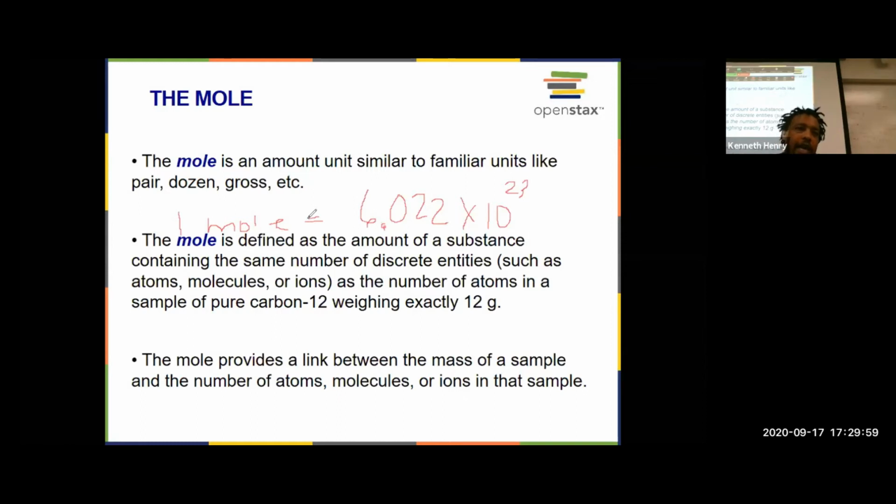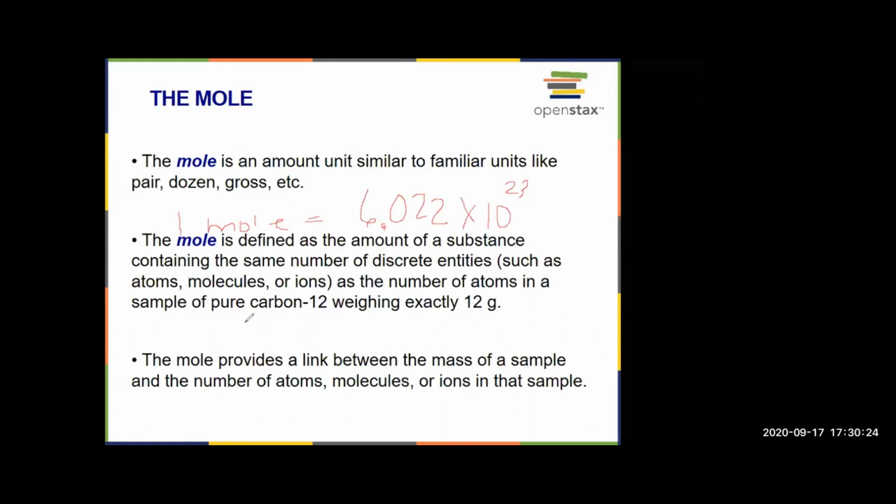So a mole, like I said, is just like a dozen, only a whole bunch more. Okay, so I'm going to ask you, if I have a mole of pennies, or if I have $1 trillion, which one would you prefer? A mole of pennies or $1 trillion? A mole of pennies.